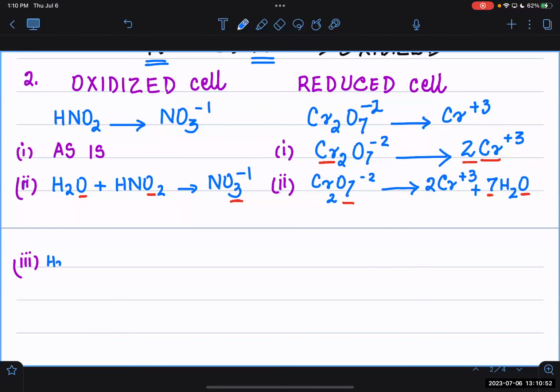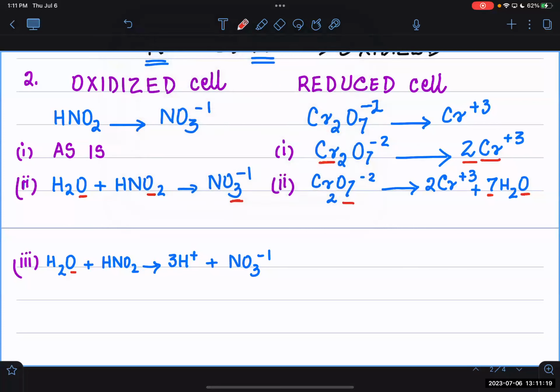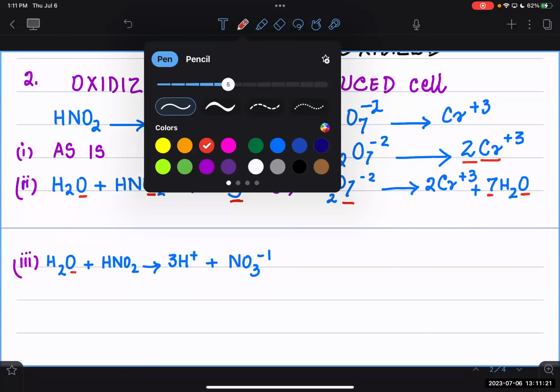So you have H2O plus HNO2. So we need 3 hydrogens, and so for 3 hydrogens means 3 hydrogen ions plus NO3 minus 1. So if you look at it here, hydrogens.